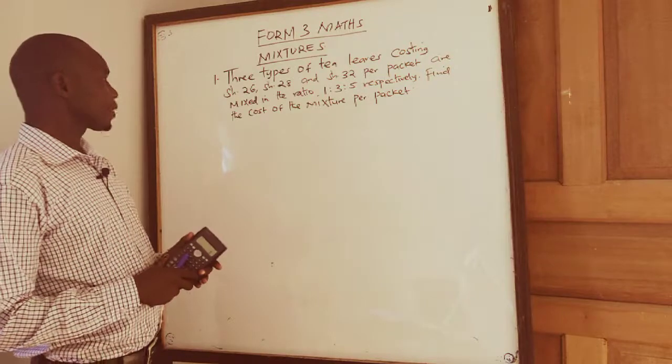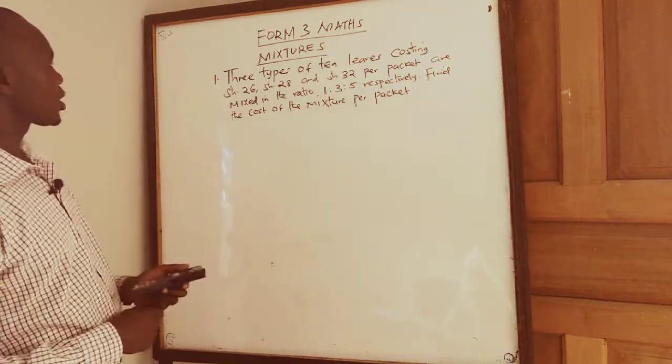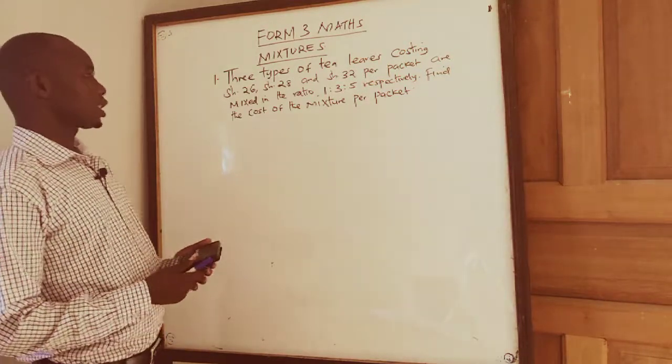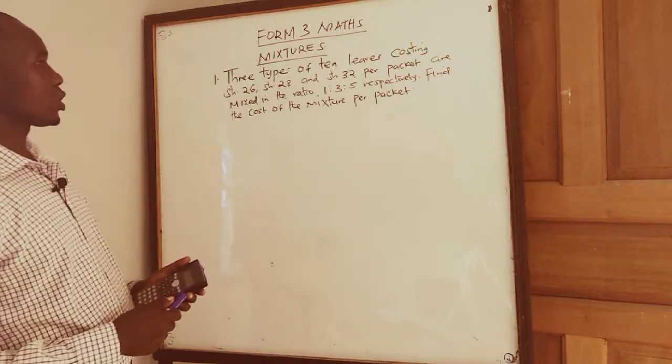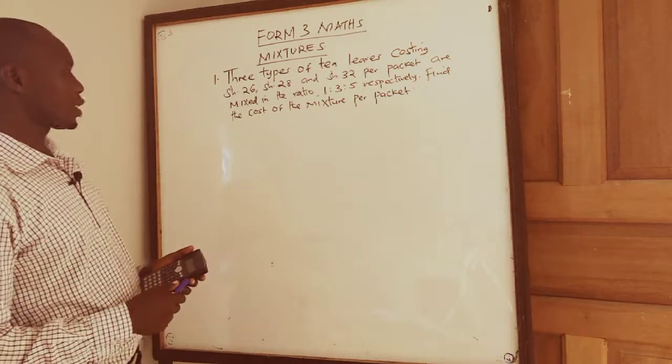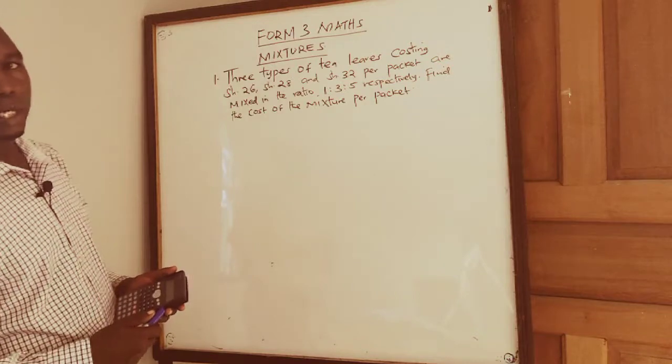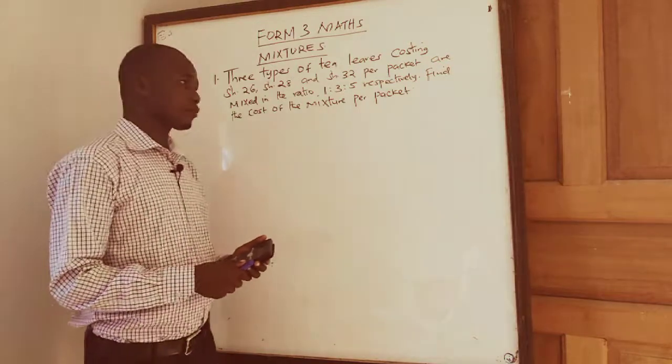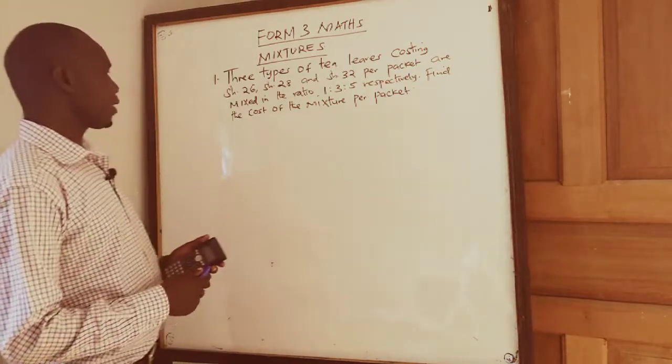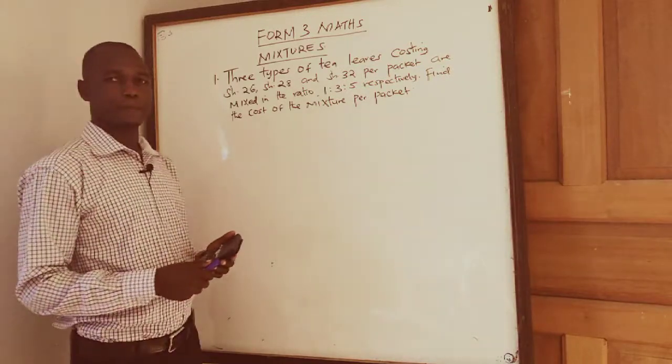The question reads, 3 types of tea leaves costing 26 shillings, 28 and 32 shillings per packet are mixed in the ratio 1 to 3 to 5 respectively. Find the cost of the mixture per packet.